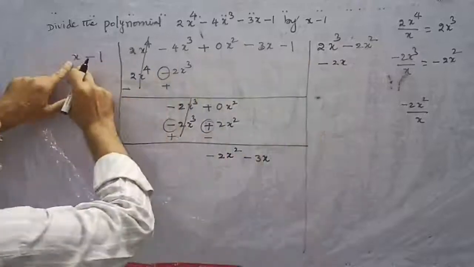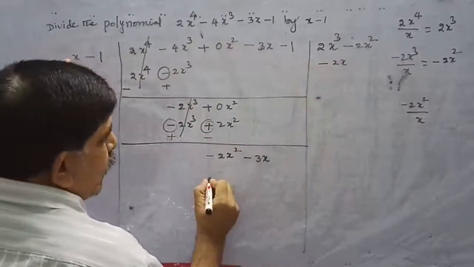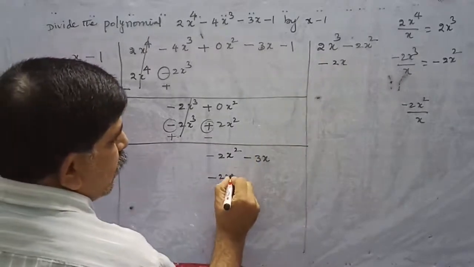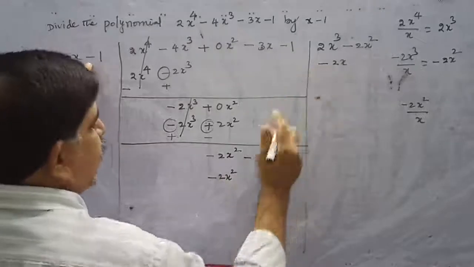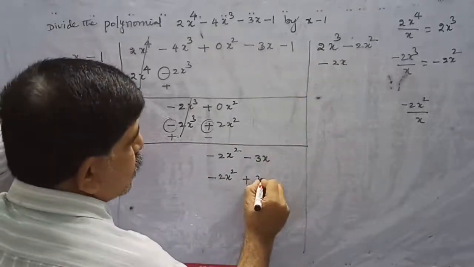Multiply this one with the divisor, with the symbols. Minus into plus, minus 2x into x, 2x square. Minus into minus, plus 2x into 1, 2x.